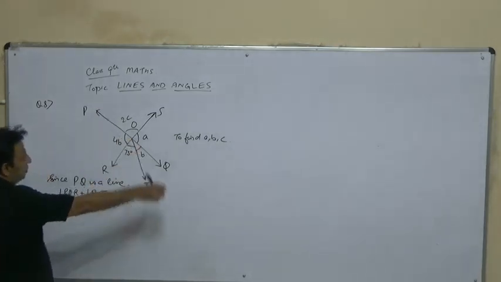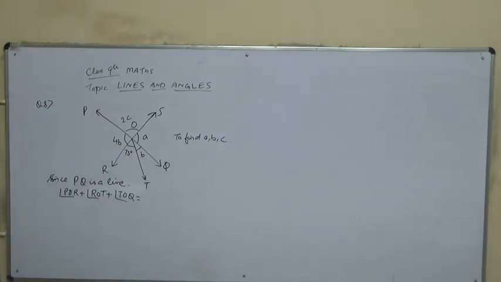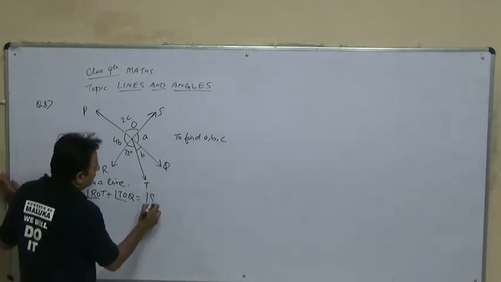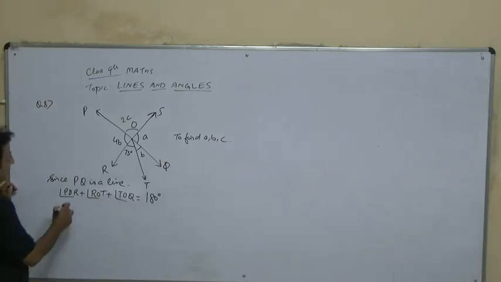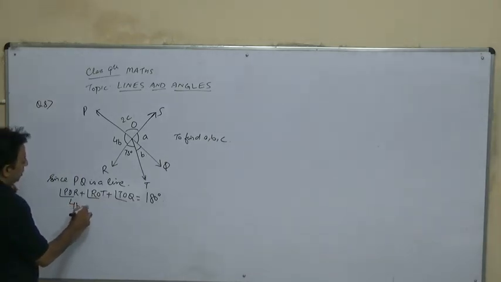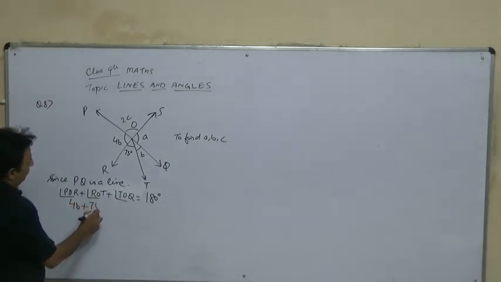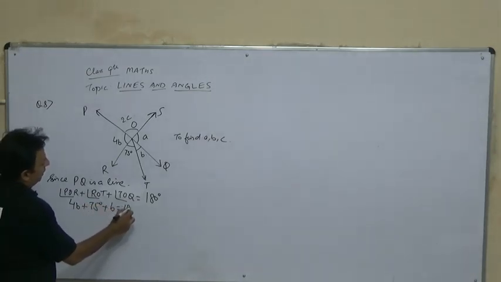They lie on the same line, so they form a linear pair. If they form a linear pair, what will be its value? Its value will be 180 degrees. What is POR? POR is 4B. ROT is 75 degrees. TOQ is B. So 4B plus 75 plus B is equal to 180 degrees.